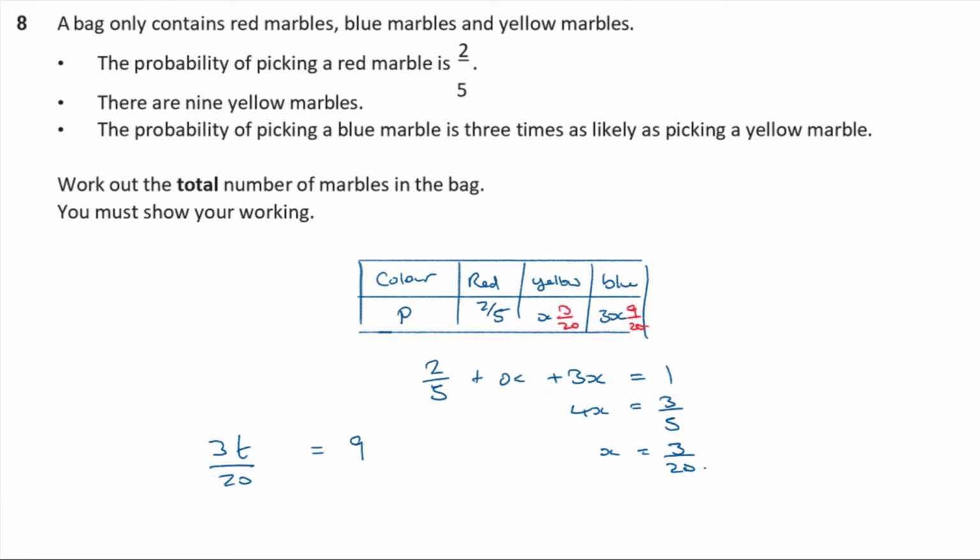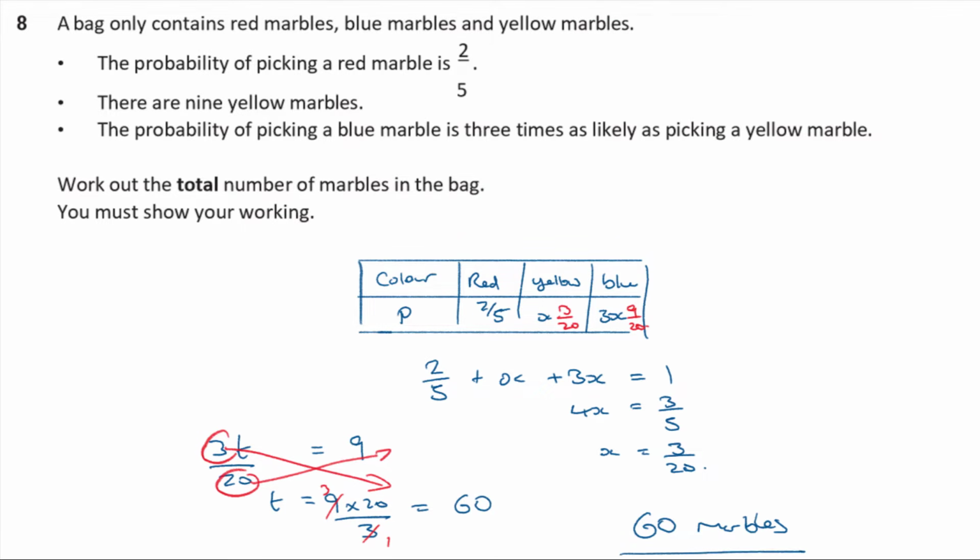So if 3/20ths of the total is equal to 9, then cross multiplying, I can rearrange that and say t is 9 times 20 over 3. So cancel the 3 into the 9 gives me 3. 3 times 20, that's 60. So altogether we had 60 marbles to start with. So 60 marbles. That's the total.